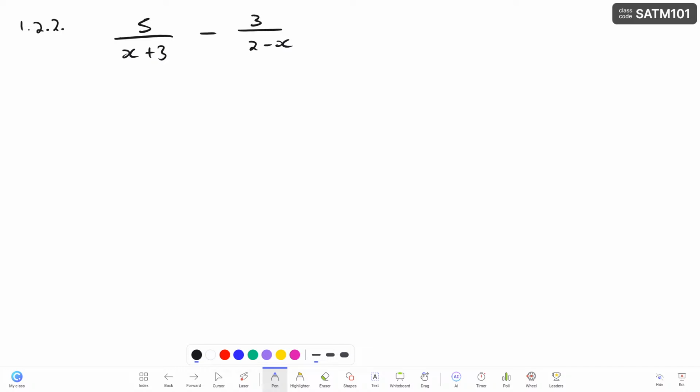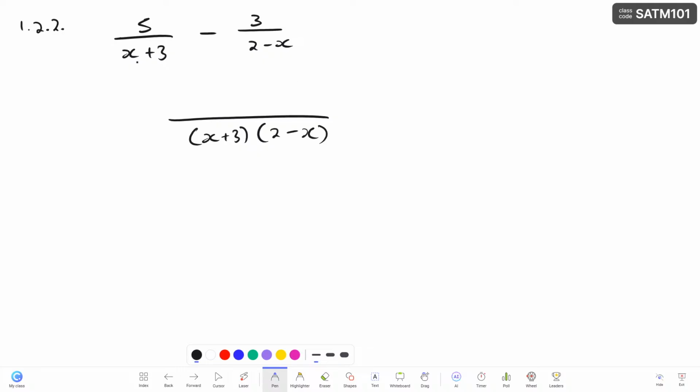You need to take the denominator and multiply with the denominator, so you say x plus 3 and 2 minus x.